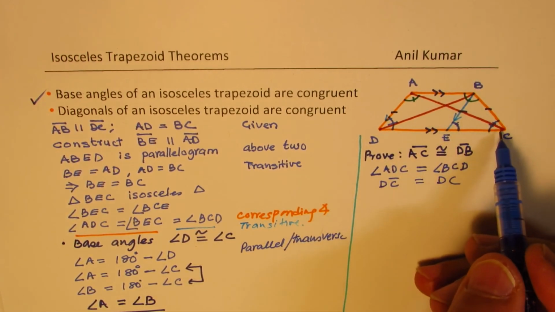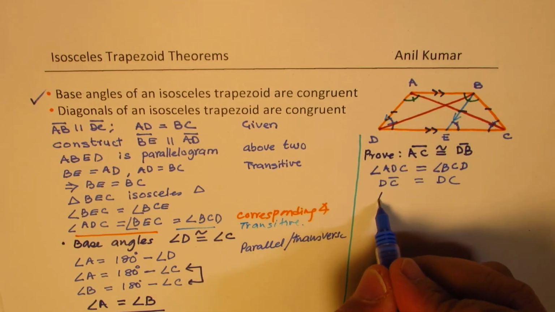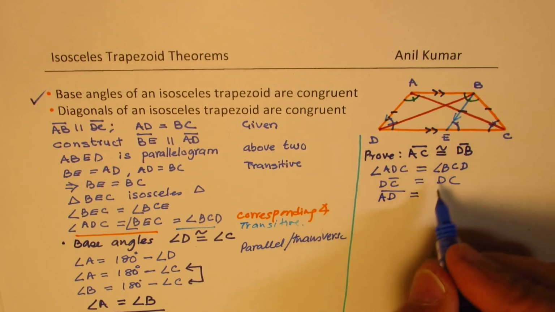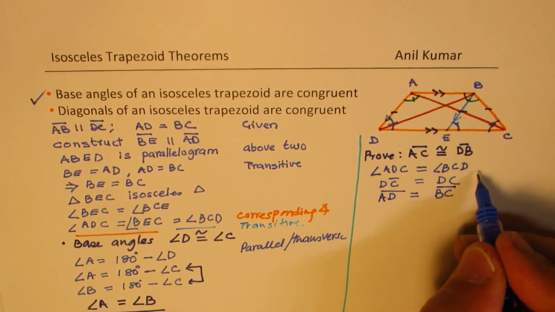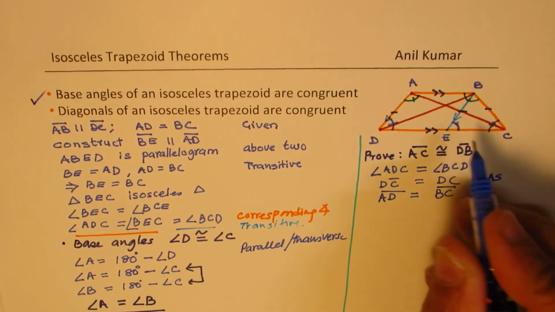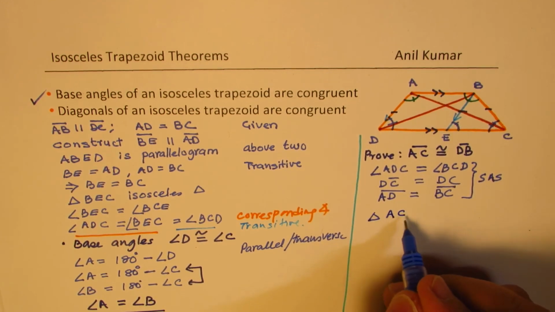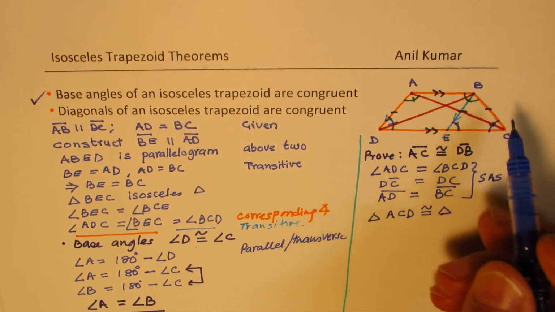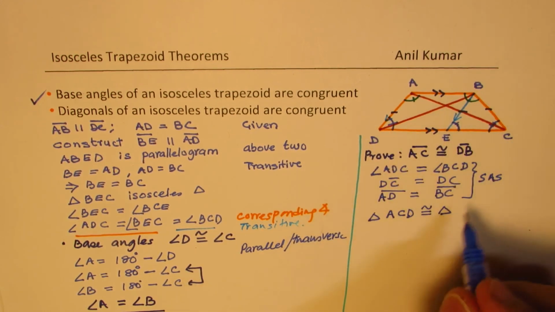And we are given that AD is congruent to BC. Correct? So from this, which is SAS, we can say that the triangle ACD is congruent to BDC.